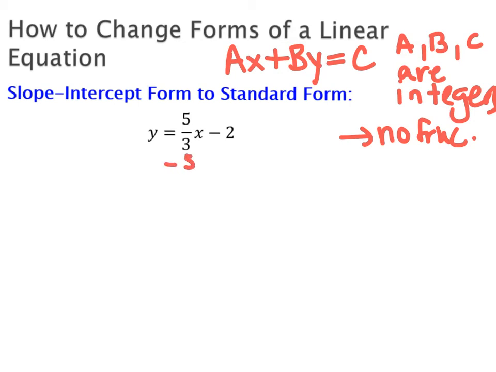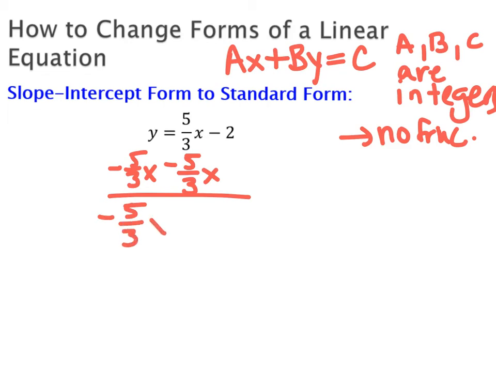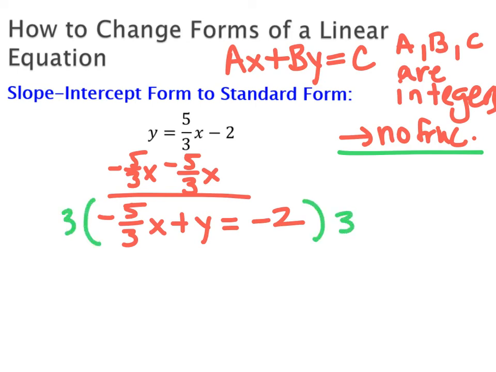So I'm going to subtract 5 over 3 x from both sides. So that'll give me negative 5 over 3 x plus y equals negative 2. Now if we're going to make sure that we have no fractions left in the equation, I have to get rid of the 3 in the denominator. So I would multiply the entire equation by 3. So it would give me negative 5x plus 3y equals negative 6.